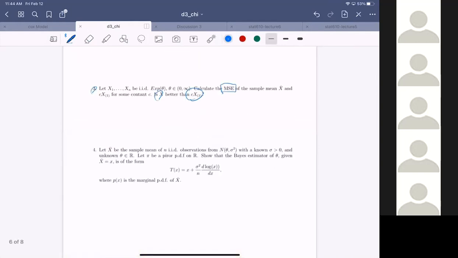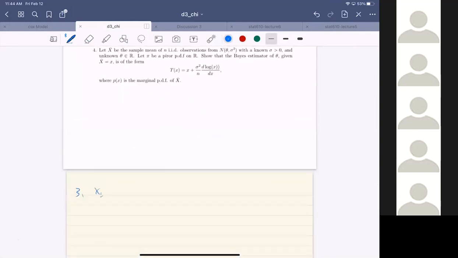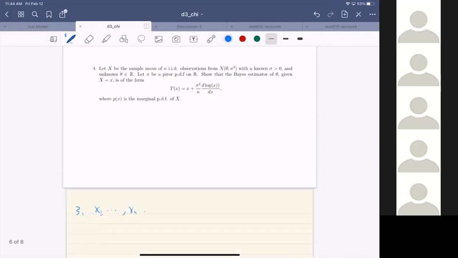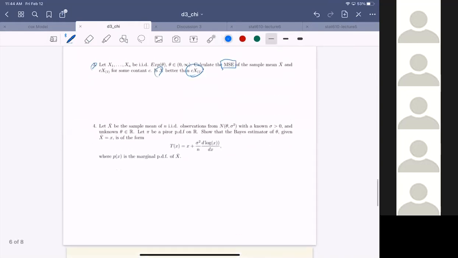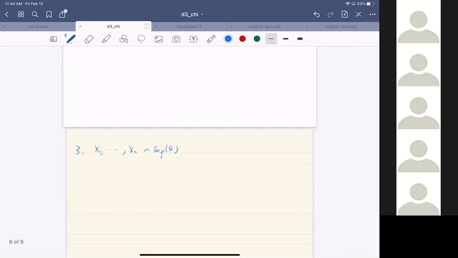We have S1 to Sn, which are exponential with parameter theta. So the density is, look at this.